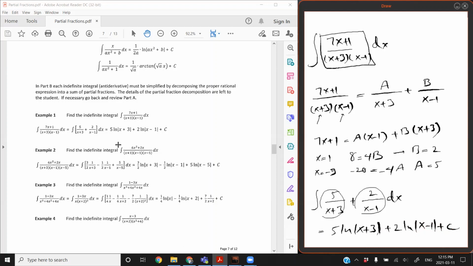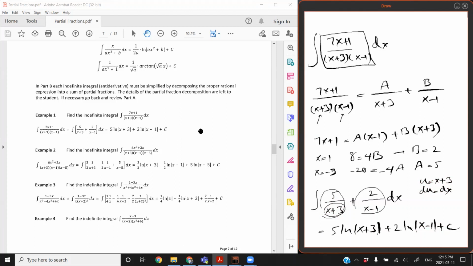And the reason I can do it in my head is that u is such that du and dx are going to be the same. If I take u to be x plus 3, then du is simply dx. So this is like having 5 over u du, which is going to be 5 times ln of absolute value of u. Make sense?